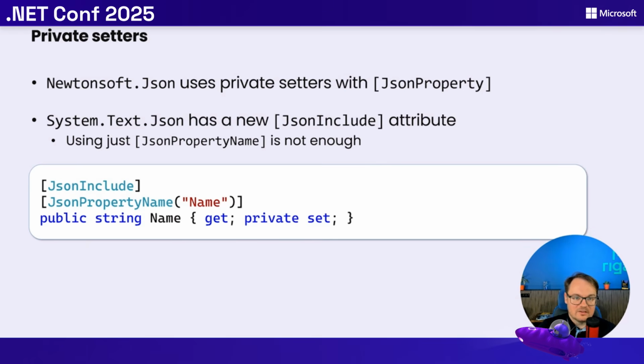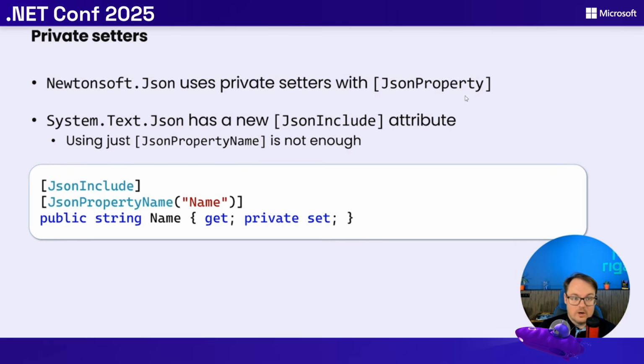Another thing that worked with Newtonsoft.Json: some people want their model objects to be a little bit safer, so they prefer using private setters. And to make it work, you need to explicitly specify JsonProperty in Newtonsoft.Json. So that was sufficient. People used private setters and applied the JsonProperty attribute on that.